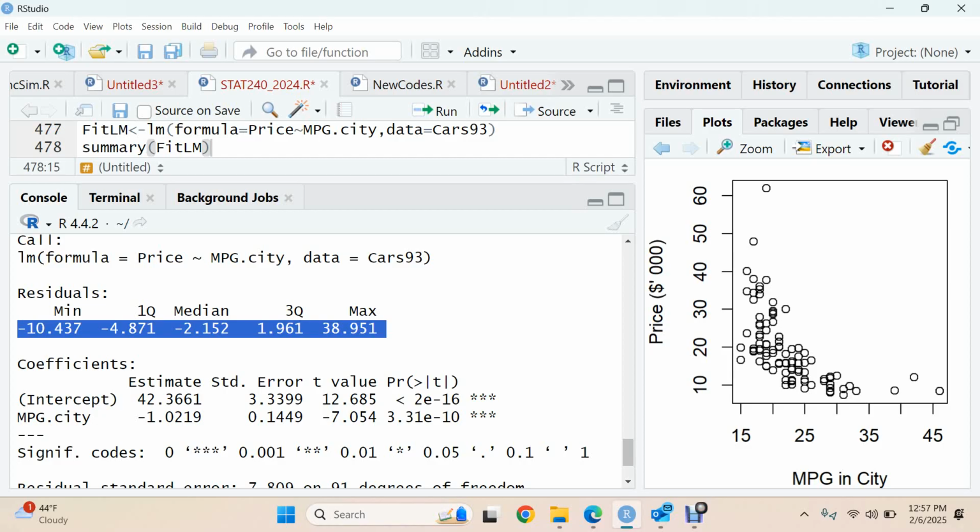Okay. So that's how we interpret the 42. If the miles per gallon is 0, in other words, if the car is traveling within the city and doesn't consume any fuel, then its price will be around 42.